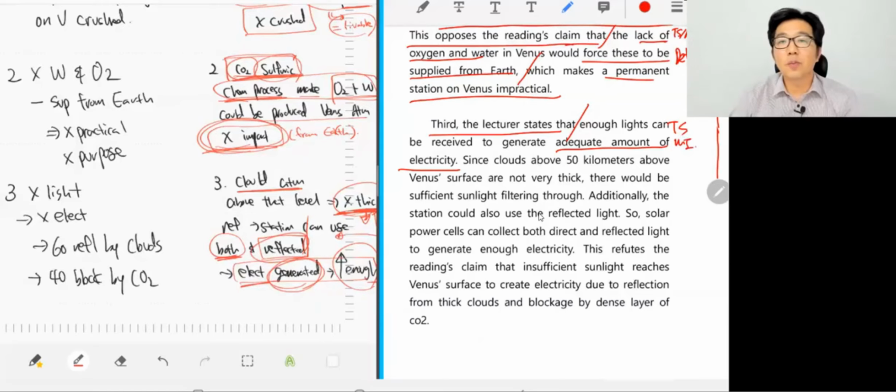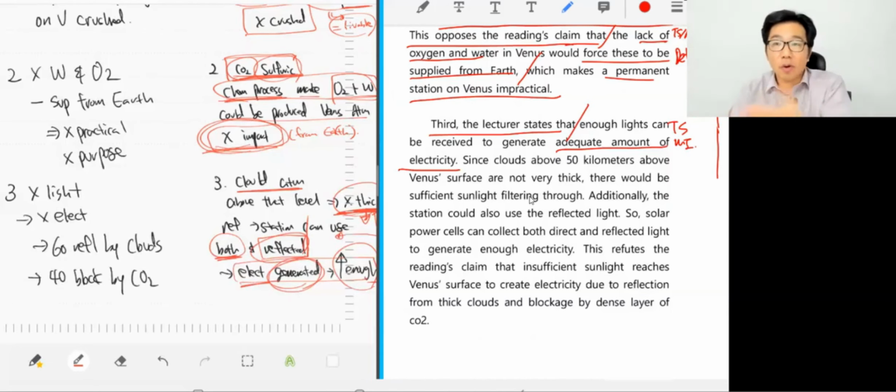So two points would be 50 kilometers above the surface, or higher up in the atmosphere, or a floating station in the atmosphere. We can receive more light because of the thinner clouds and make use of reflected lights as well.